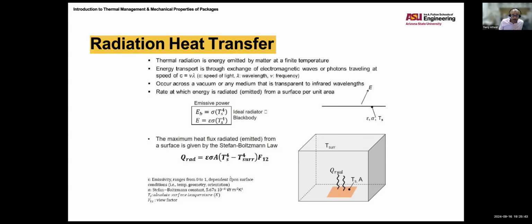So the key takeaways: using this approach, we can talk about better package design and materials. We can use it to identify better package architectures, and we can develop some packaging models, compact models. Again, we're looking at the entire package, not the various components.